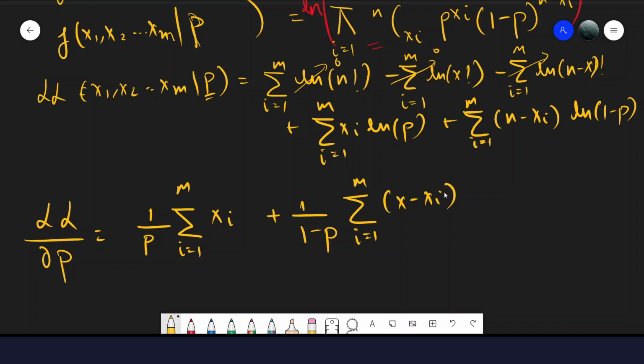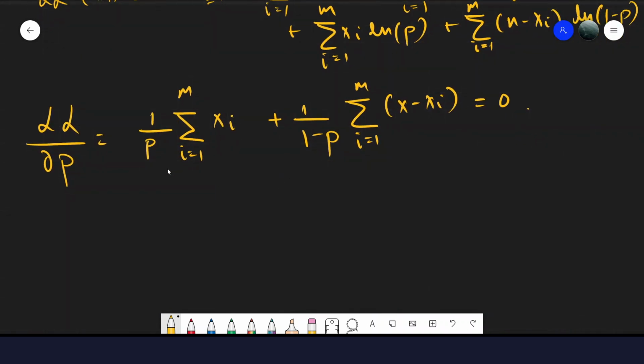That's what you would get. And now you have to equate this to 0. So once you do that and try to find the value of p, you would see that the value of p is given by sigma xi, where i equals 1 to m, whole upon m into N.